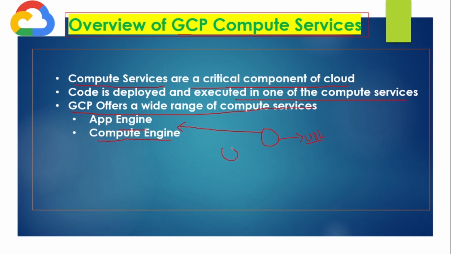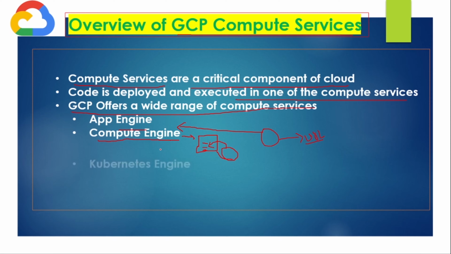It provides you a virtual machine on which you can install many software packages, deploy whatever you want, place your code, and run it. So this is what Compute Engine provides, a virtual machine which is more under your control.